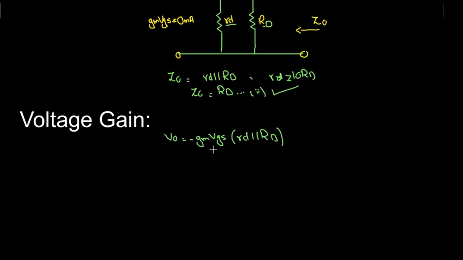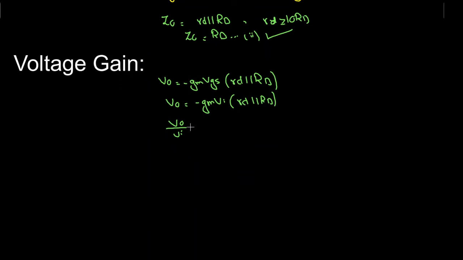Now again, because VGS is equal to Vi, so we can have minus gm Vi RD parallel to rd. This means that we have Vo by Vi is equal to minus gm RD parallel to rd. This is my voltage gain, so I can write Av is equal to minus gm RD parallel to rd.